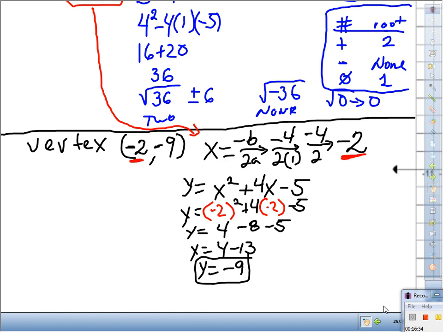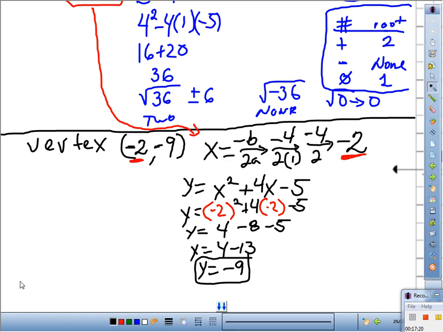We can finish copying the rest. So as you're copying that, let's see so far what we have for our graph. We have a y-intercept. Is that true? We have the lowest point on our graph. That's true. What are we missing? The x-intercepts. That is correct.